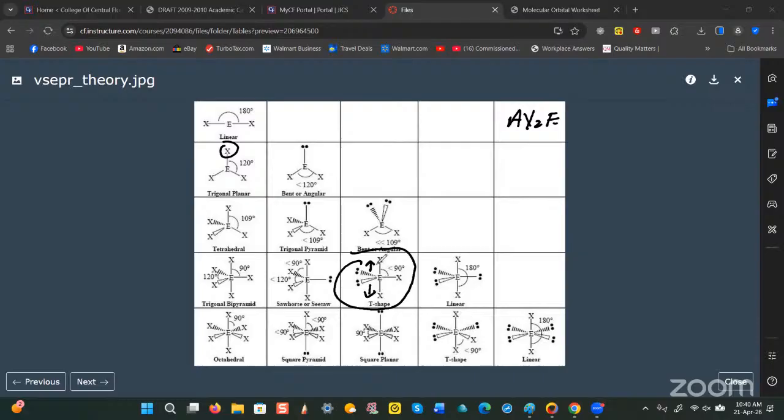These two will cancel out each other, but you also have another dipole acting in that direction. So in this particular case, this molecule will be polar. Even though you have these two dipoles canceling out each other, you're still going to have a net dipole of a non-zero value, and therefore the resulting molecule or structure is going to be polar. So these are the things that you look at in order to determine the polarity.